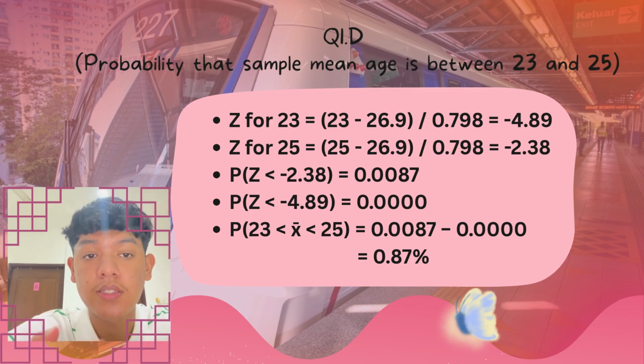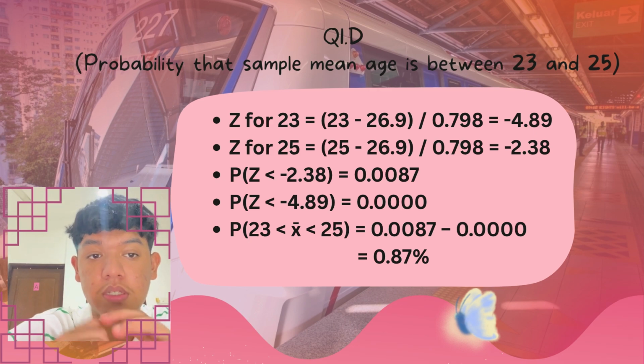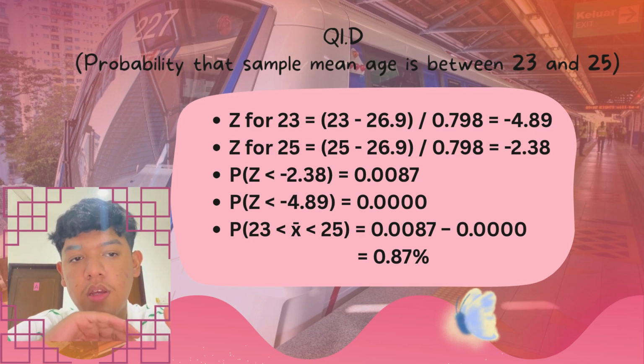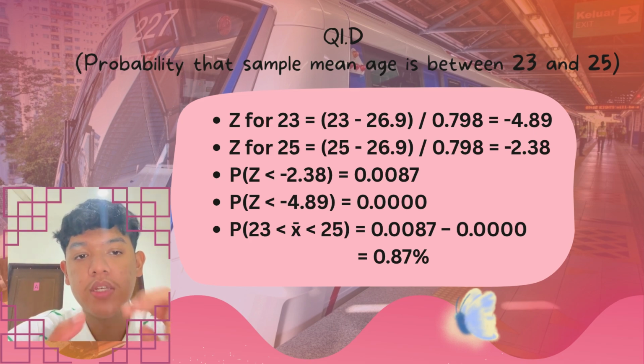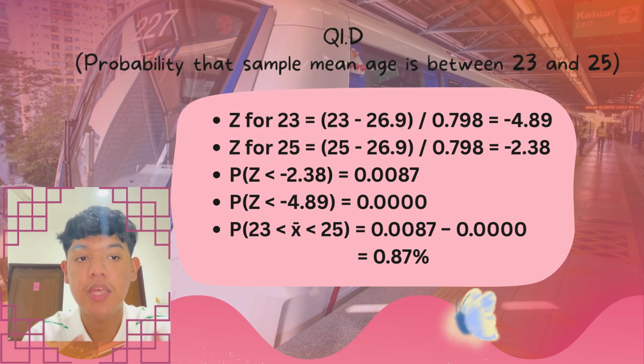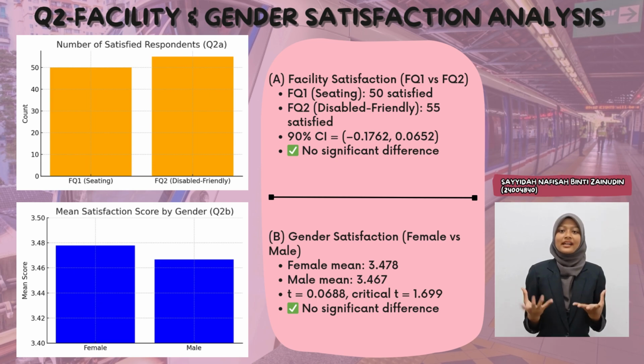It tells us that this outcome is rare and does not represent the overall LRT passenger population. Since the true population mean is higher, we would not expect the sample's mean to fall in that low range. So that's all.